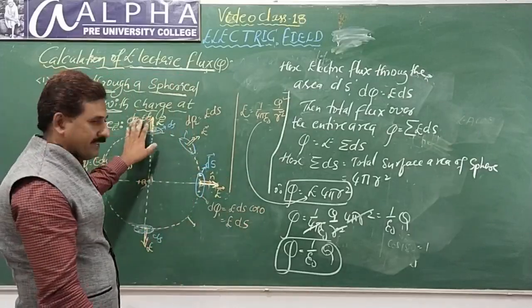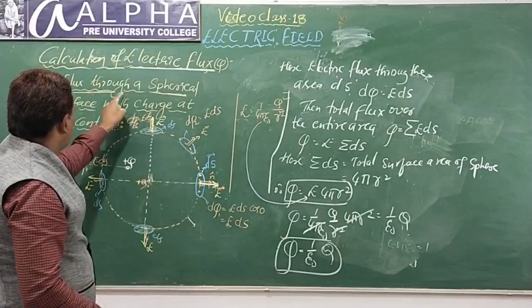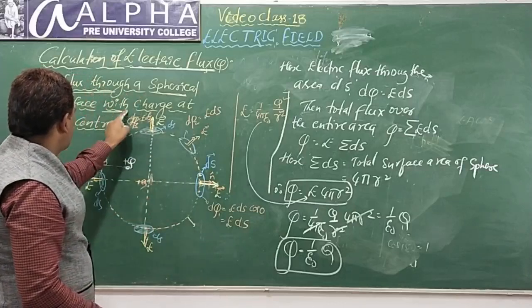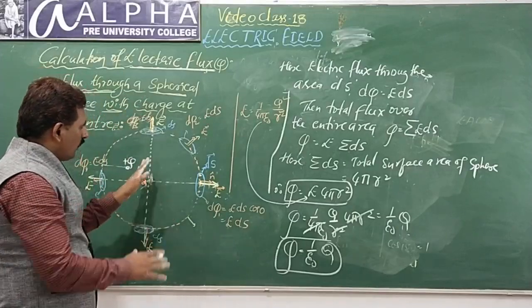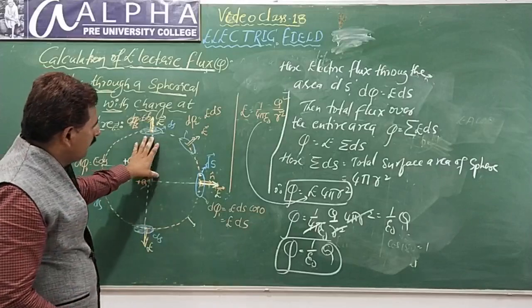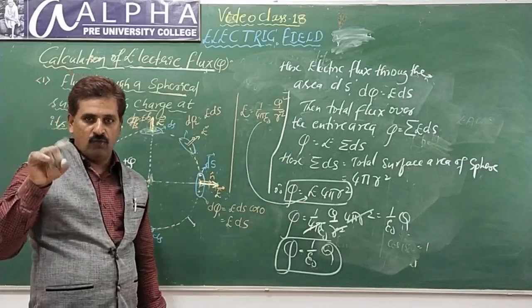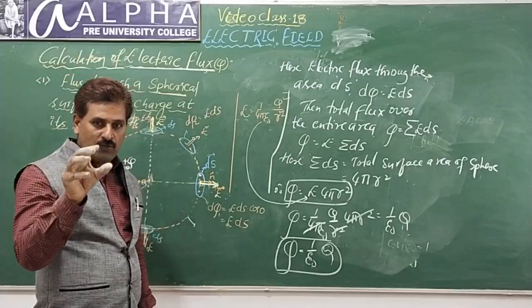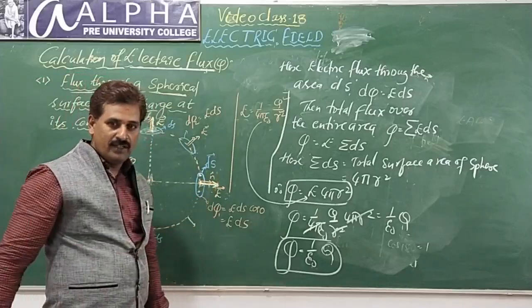This is one case, student: to find the electric flux through a spherical surface with charge at its center. So, very simple thing. You write this diagram and write this part of the explanation in your notes, pages 14, 15, 16, which are reserved empty pages for this part of the writing.